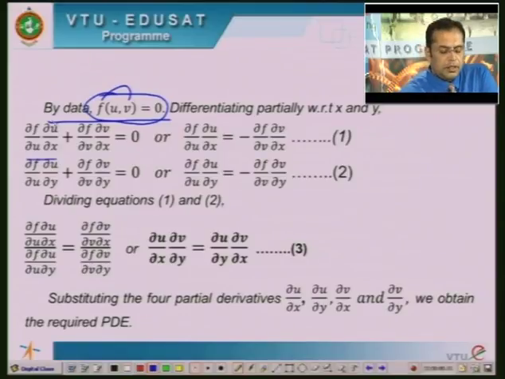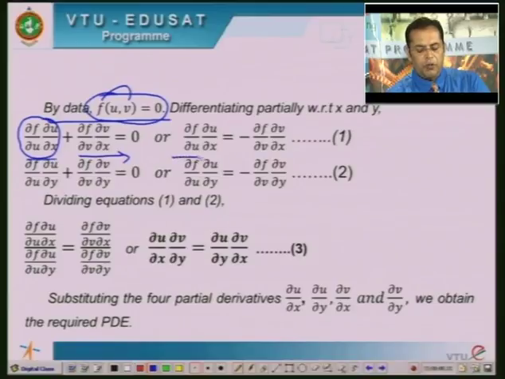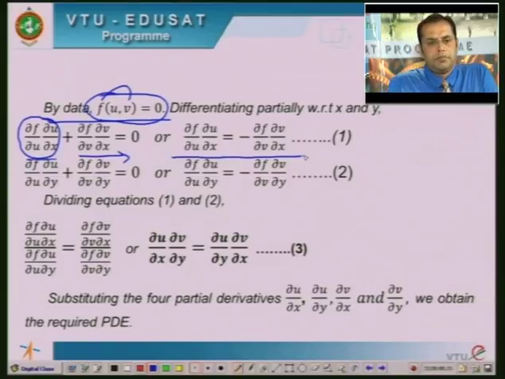Shift this to RHS: dou f by dou u into dou u by dou x equal to minus dou f by dou v into dou v by dou x. Let us call that expression 1.